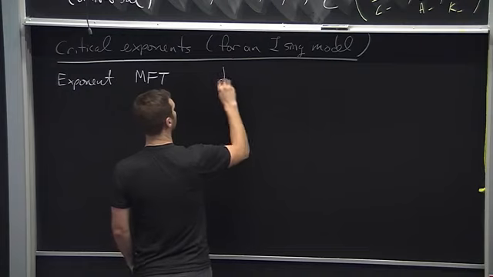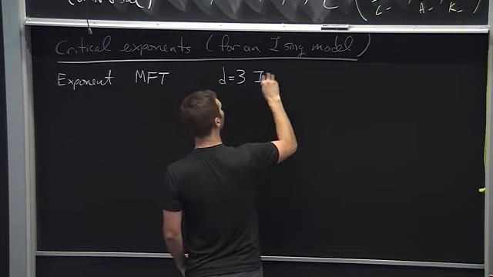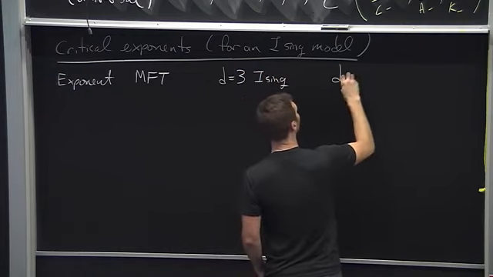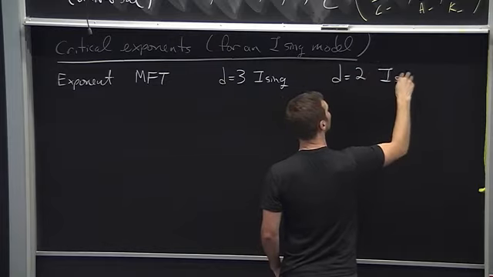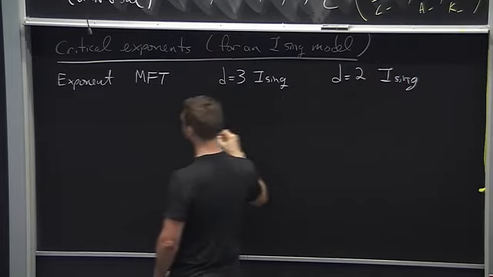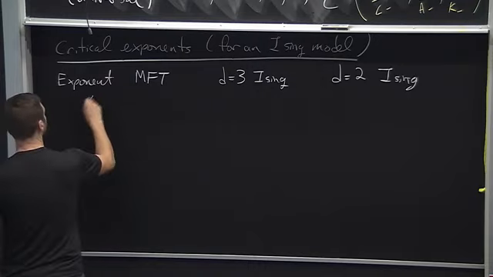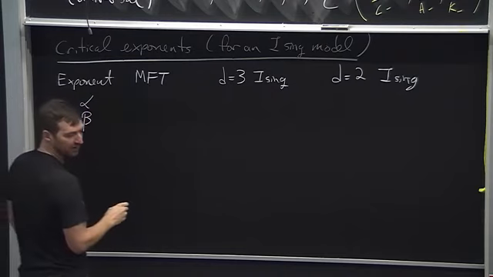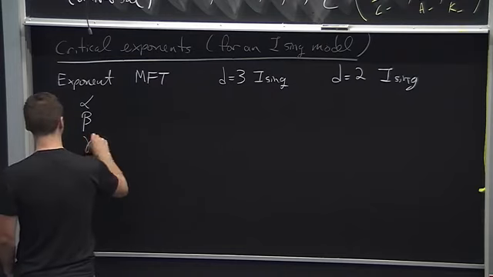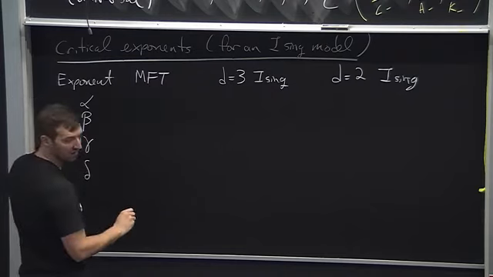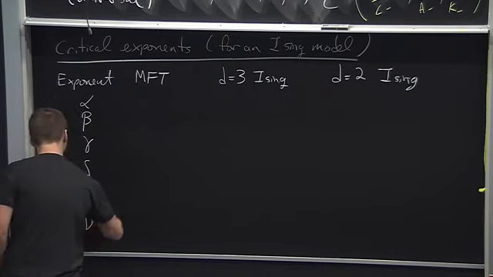And then I'm going to look at two different cases that are known exactly. So let me get these in the right order. Alpha, beta, gamma, delta, eta, nu.